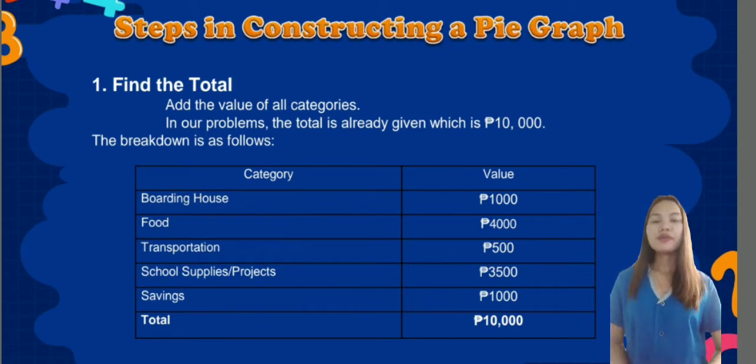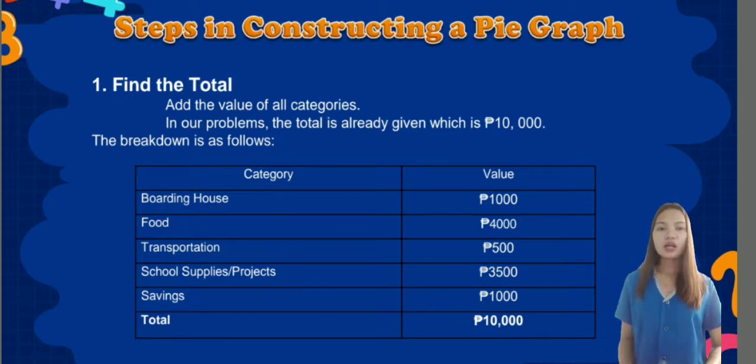Number 1. Find the total. Add the value of all categories. In our problem, the total is already given in the lesson opener, right? Which is 10,000 pesos. So the breakdown is the following. The categories are boarding house, food, transportation, school supplies and projects, and savings. The value of boarding house is 1,000. Food is 4,000.